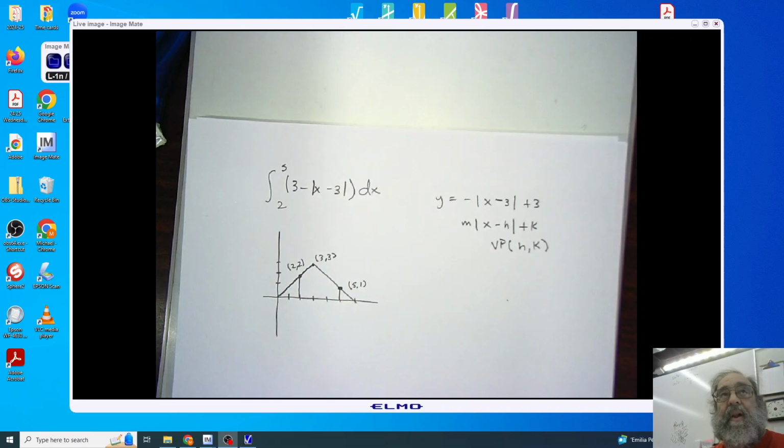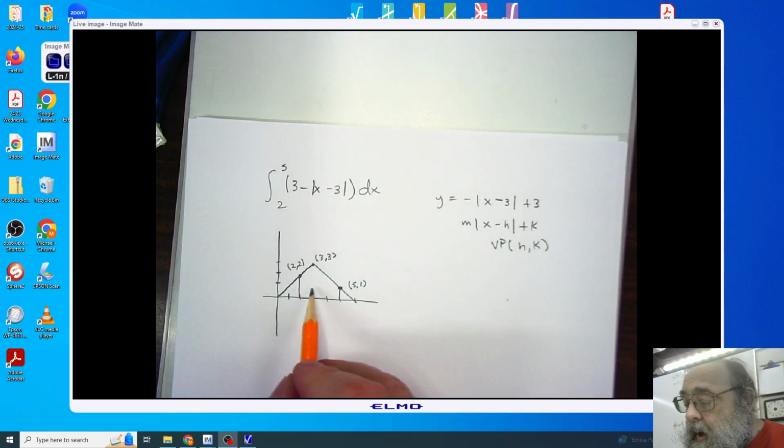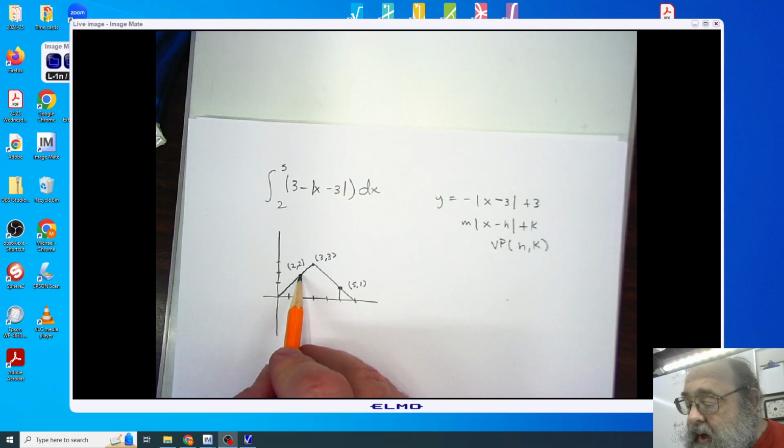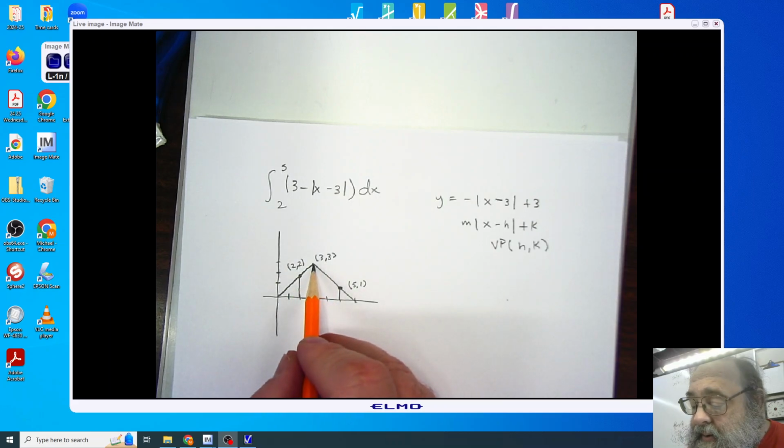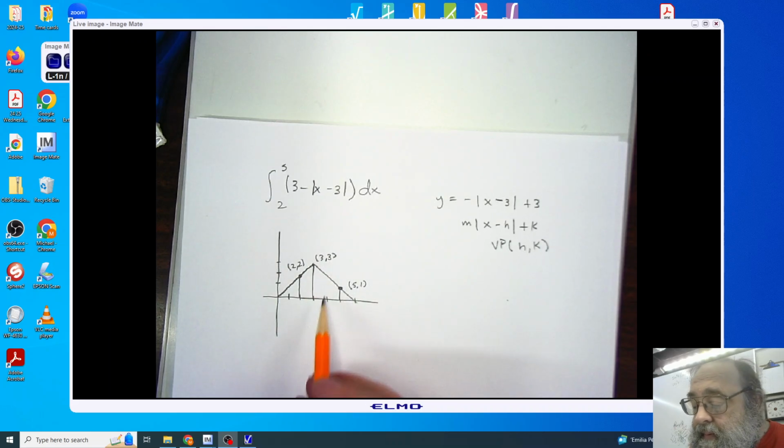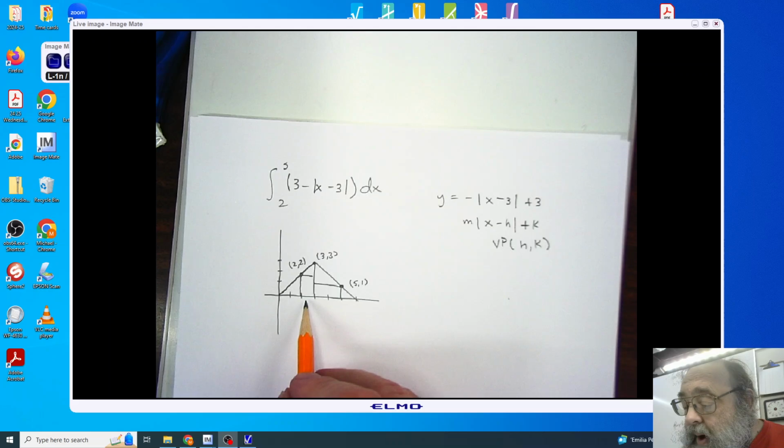You'll notice it's kind of a lopsided house. I'm going to find the various areas. I'm going to divide it in half and look at 2 triangles and 2 rectangles. This rectangle is base times height, 2 times 1, and has an area of 2. This rectangle is height of 1, length of 2, 2 times 1 is also 2.